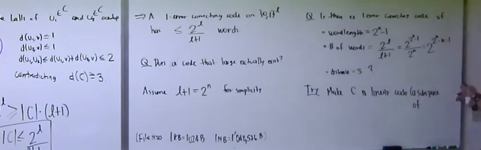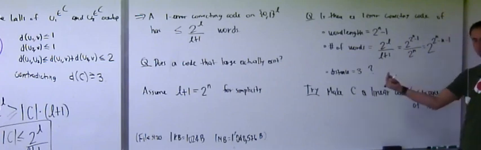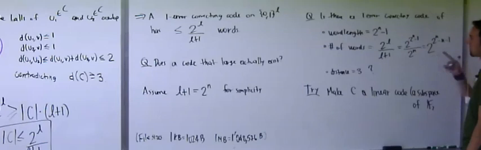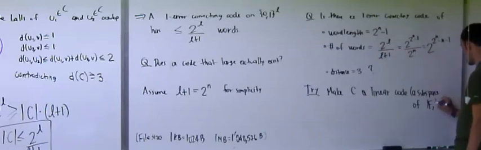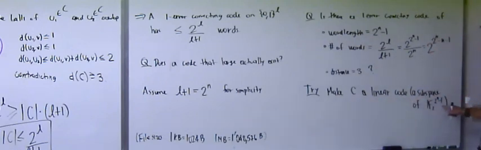F2 to the... Well, my field is F2, right? Zeros and ones. And what is the length of the words? 2 to the n minus 1. So what I'm going to try to do is to build a linear code. In other words, a subspace of F2 to the 2 to the n minus 1. Well, one thing that you can tell me immediately about a linear code is that being a subspace, how many words does it have?